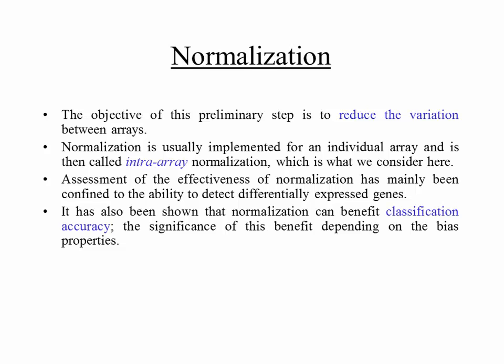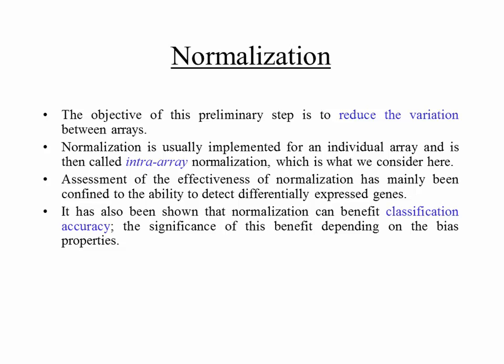The objective of this first step, this normalization step, is to reduce the variation between arrays, right? And normalization is usually implemented for one individual array. In that case, it is called intra-array normalization, which is what we are going to discuss now.